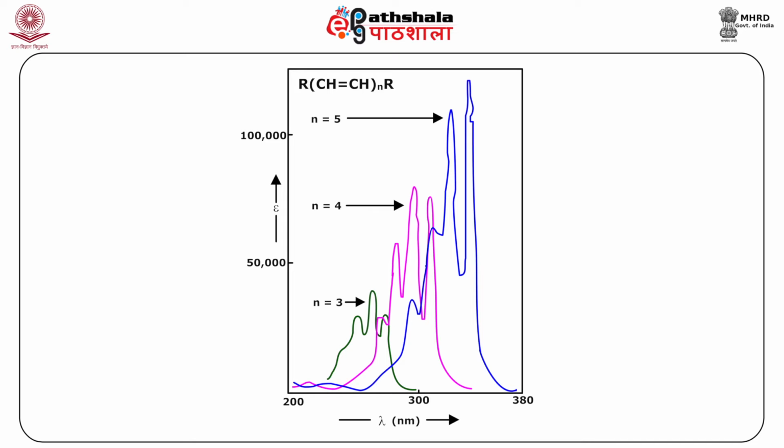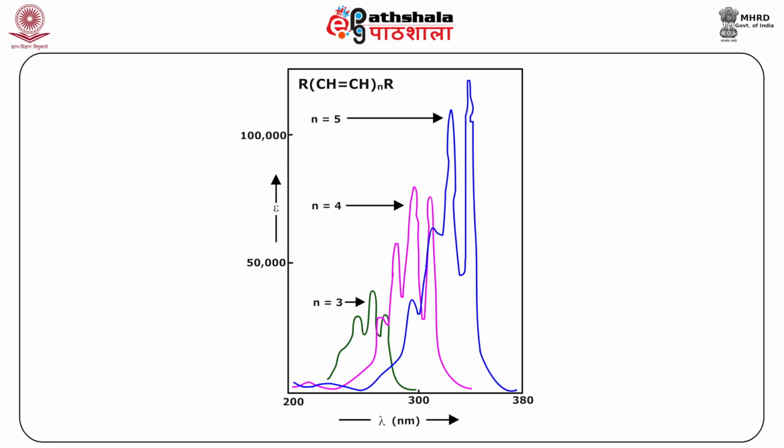As we have discussed earlier about HOMO and LUMO, the transition energies are lowered, and therefore the wavelength at which the electronic transition occurs is longer. It is noteworthy here that the conjugation of two chromophores not only increases the lambda max but also increases the intensity, or we can say the molar absorptivity.